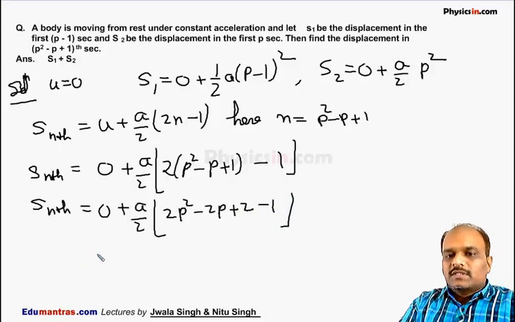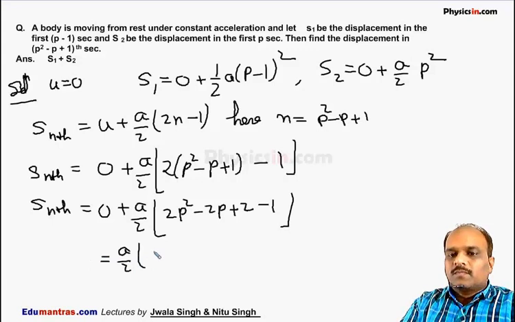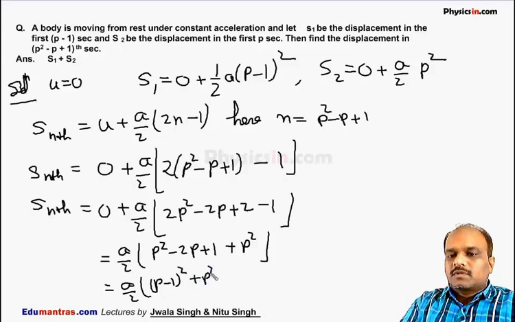So from here I can say this is equal to a by 2 into p square minus 2p plus 1 minus p square plus p square. Because this 2 minus 1 becomes 1, this p square is split into two parts, p square plus p square. So this is equal to a by 2 into (p minus 1) whole square plus p square.